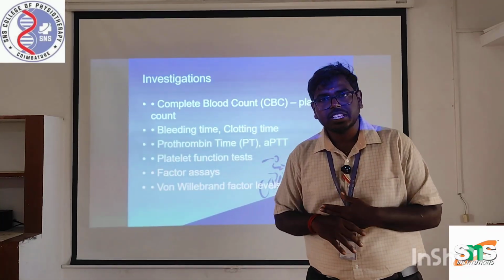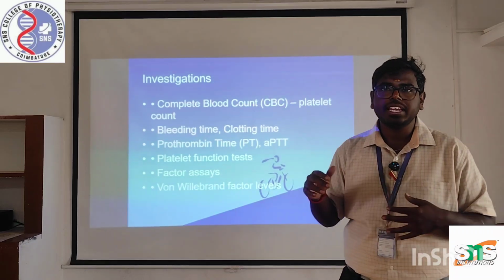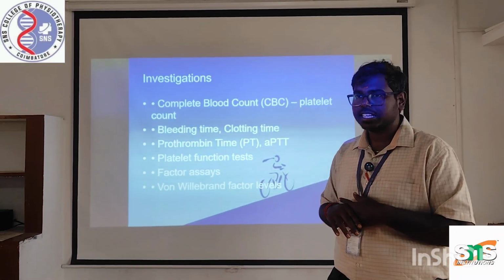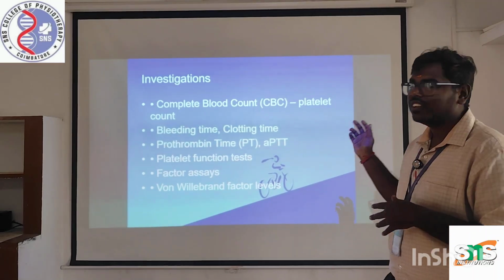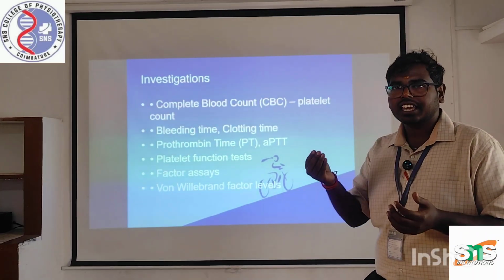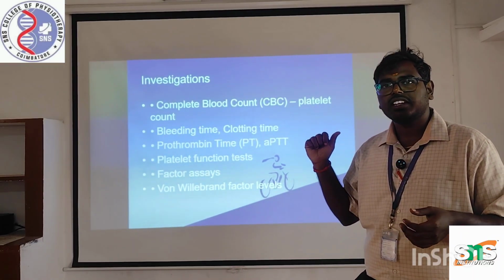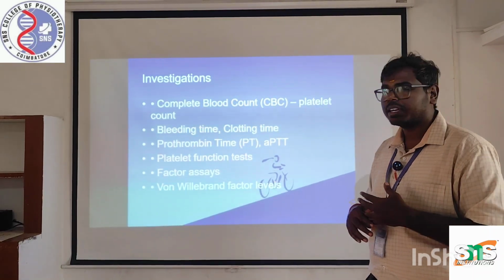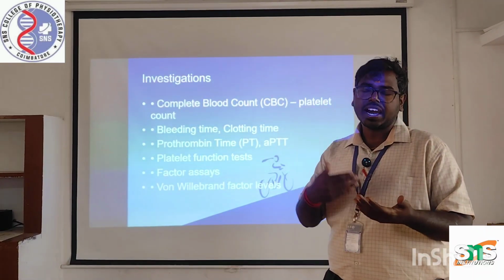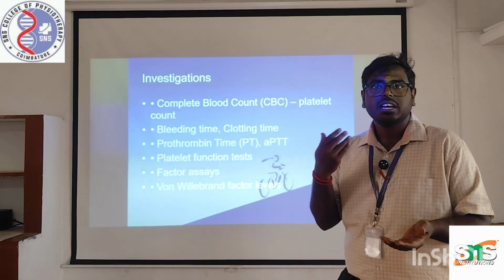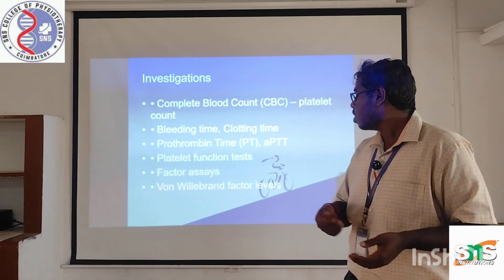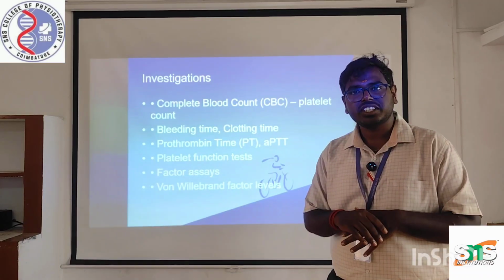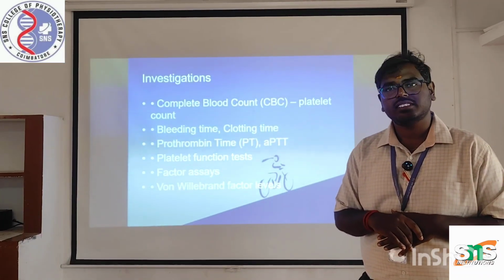The investigation and diagnostic methods for bleeding diathesis are, first, CBC, the complete blood count, in which we can count the platelet level in the blood. Second is bleeding time, then clotting time. By considering the bleeding and clotting time, we can conclude whether the patient is affected by bleeding diathesis or not.